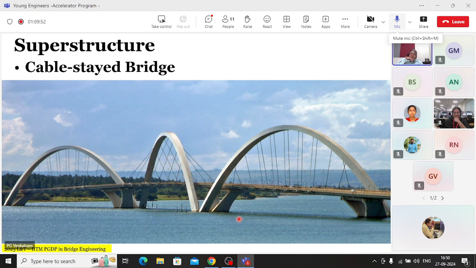Is it a cable stayed bridge? I could say it is an arch bridge. Actually, it's a cable stayed. Why isn't it a suspension bridge? After all, the deck is suspended from these.